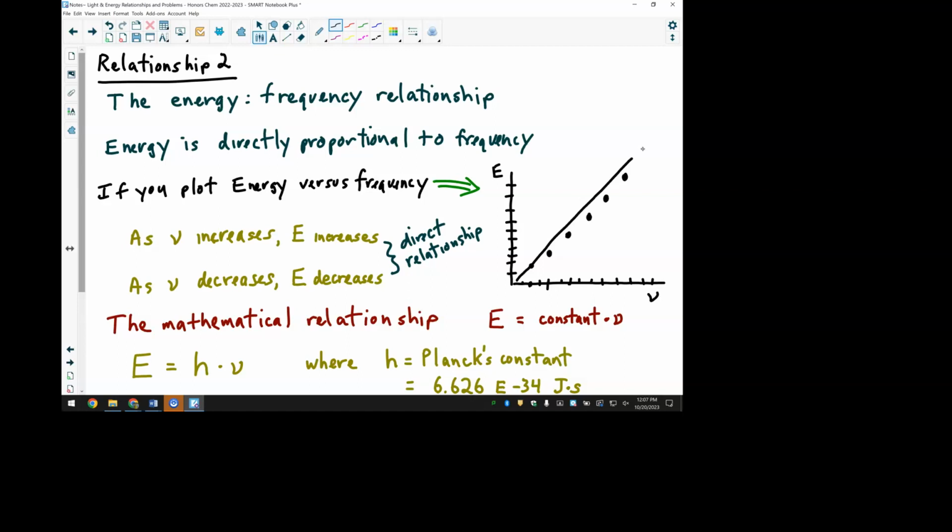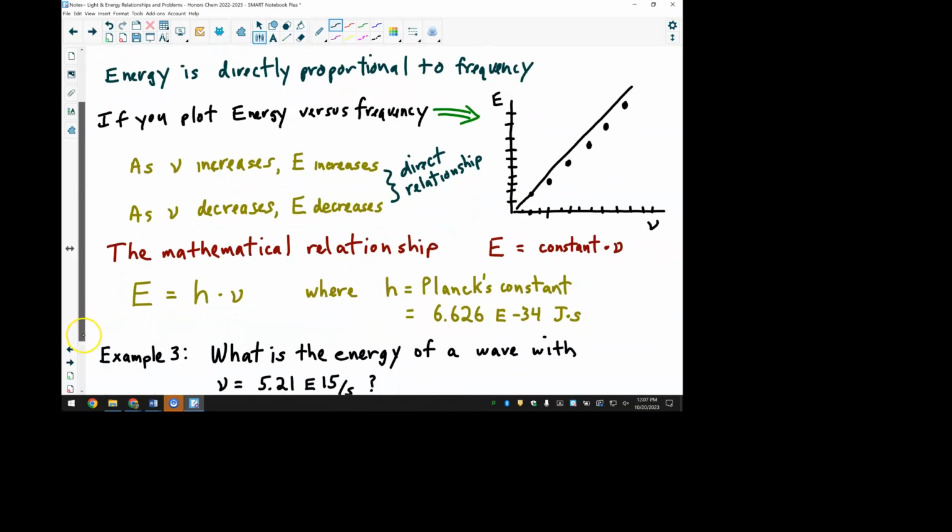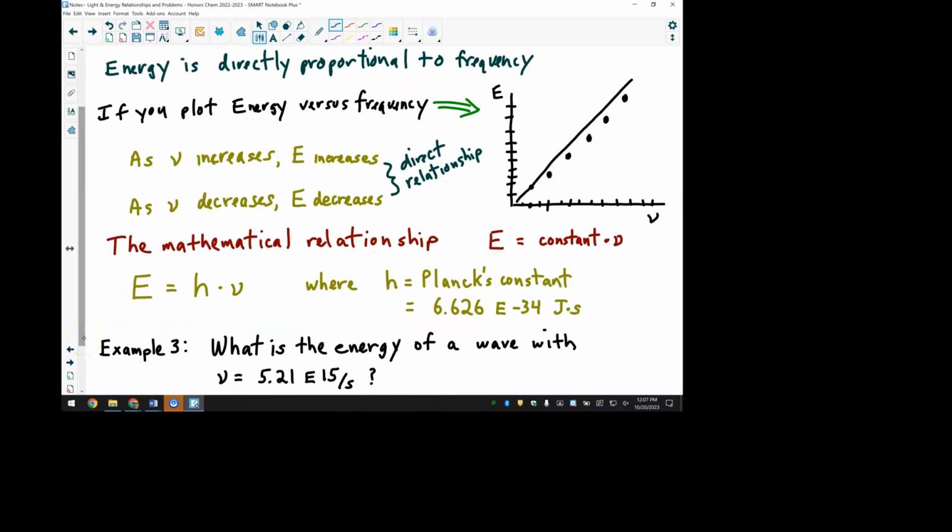Okay? So that means that as frequency increases, energy increases. And gentlemen, it's just as important to know the relationship as it is to know the mathematical equation. Okay, you should know this relationship, and then the equation is just a manifestation of that relationship.